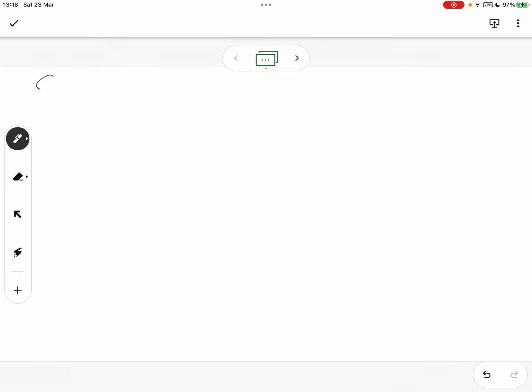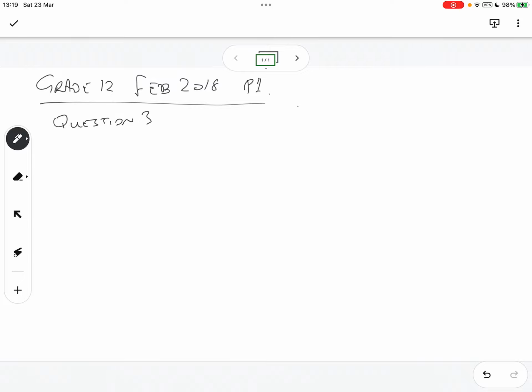Standard 10, Grade 12 paper, Feb 2018, Paper 1. And we're doing question 3. In our graph here, we have on the vertical axis the velocity and on the horizontal axis the time.